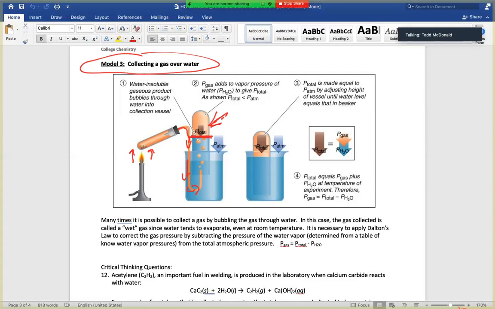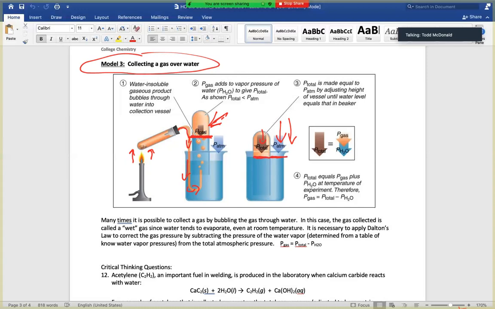There's a really important step in here. If you look at part 2 here, you've got the pressure of the atmosphere pushing down on the surface of the liquid. And inside the test tube, you have the pressure of the gas also pushing down. So you raise or lower the test tube to make the water level outside equal to the water that's still in the test tube inside.